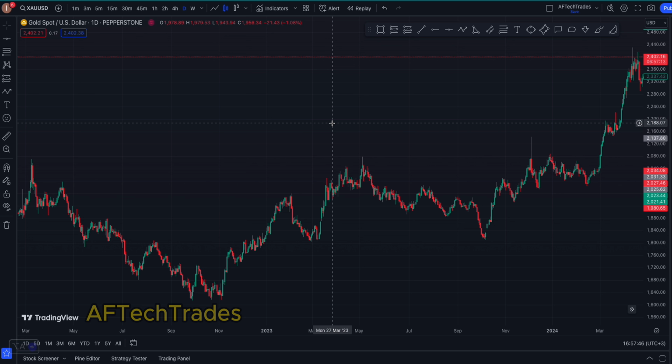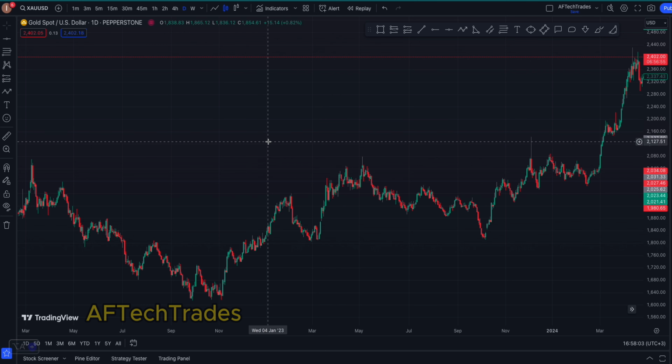The confirmation is that you should look out for volume at the point of entry, and also a breakout above the rim of the cup. When that happens, you take your entry.